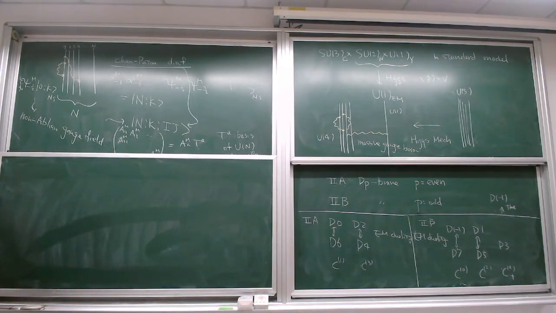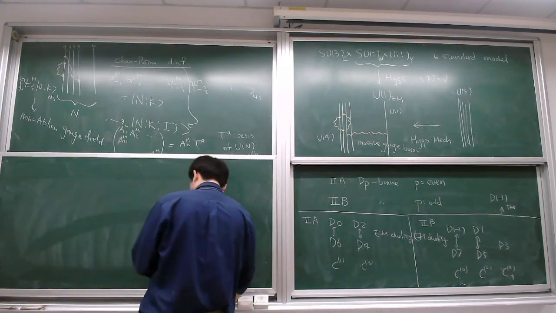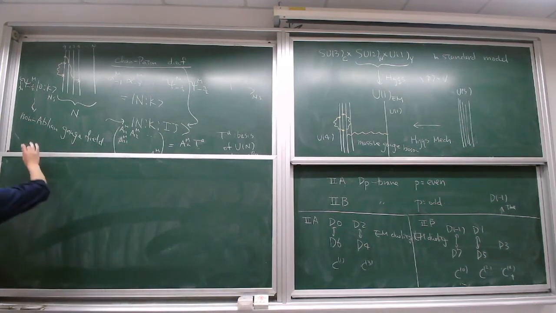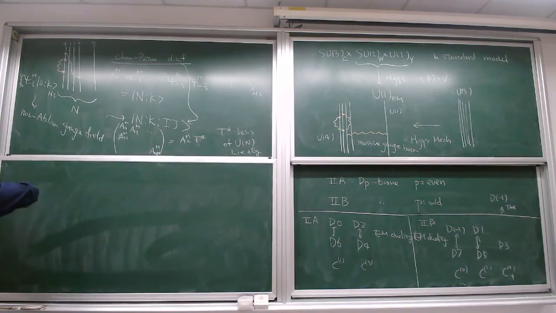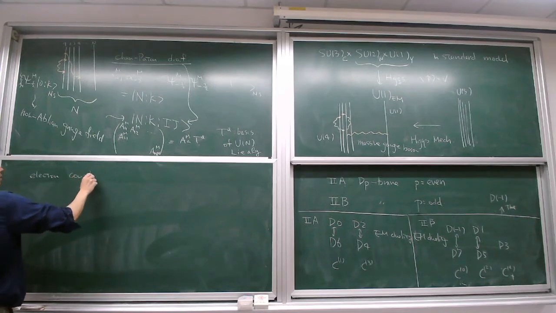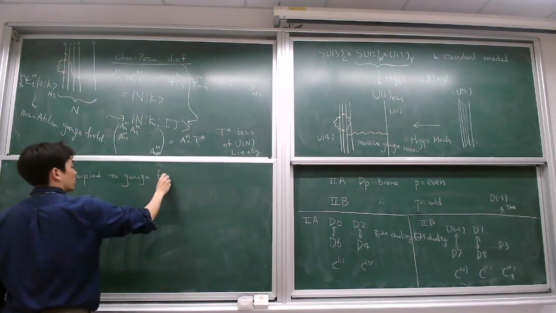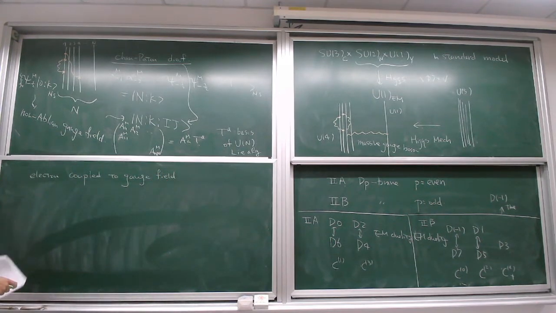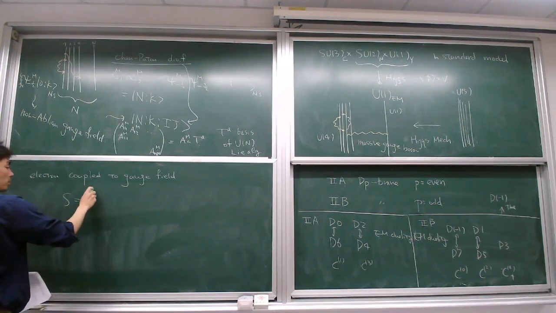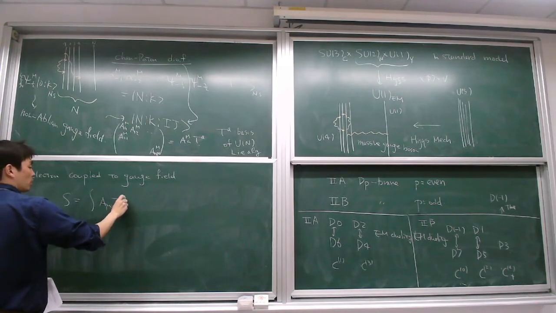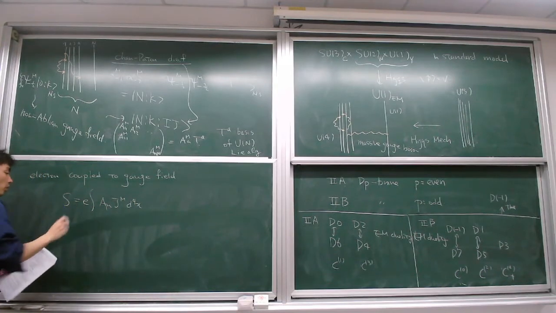Okay, so just recall that if you have an electron with a source, the electron is coupled to the gauge field. The action can be understood as the integral of J^mu A_mu, where the electric charge is here.